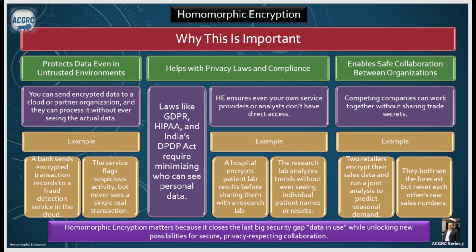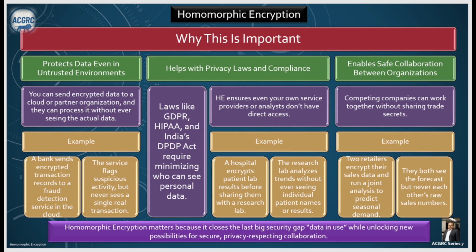Next, laws like GDPR, HIPAA, and India's DPDP Act require minimization of who can see personal data. Homomorphic encryption ensures even your own service providers or analysts don't have any direct access to the raw data. Example, a hospital encrypts a patient's lab results before sharing them with a research lab.